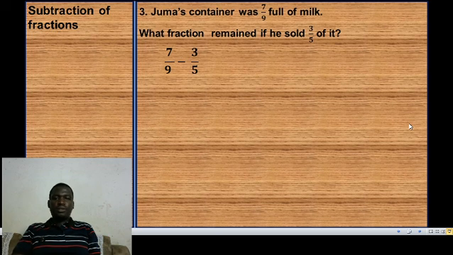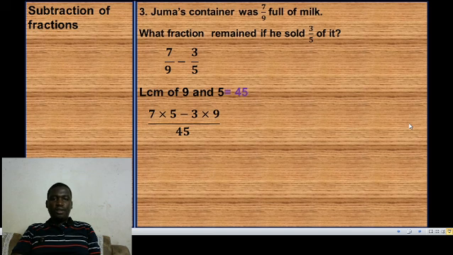Like number 2, different denominators: 7 out of 9 minus 3 out of 5. What are we supposed to do there? We are supposed to get the LCM of 9 and 5. The LCM of 9 and 5 is 45. So we shall use the 45 to help us simplify. 45 divided by 9, we get 5.